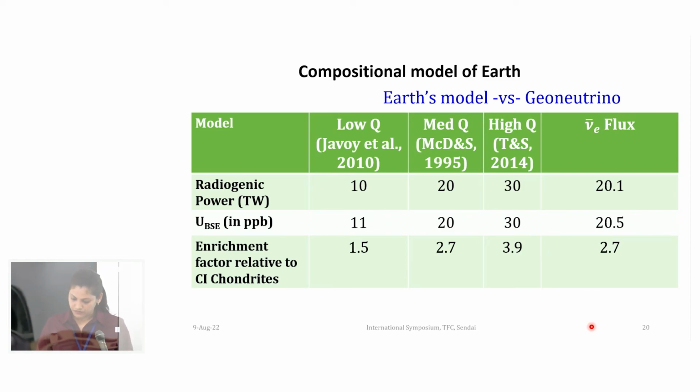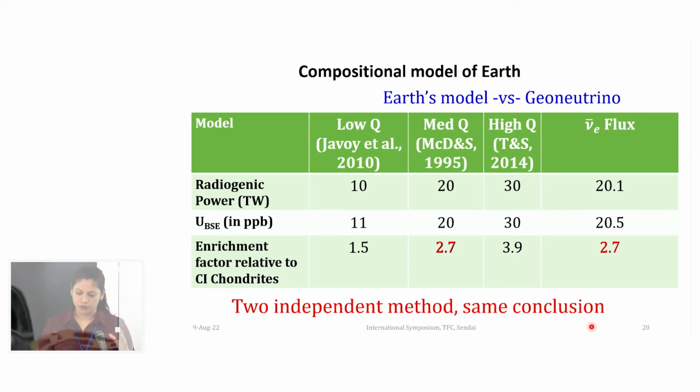What we can observe here is that from two different perspectives we have a common observation: both from the medium Q model and the geoneutrinos, we see 2.7 times enrichment in the bulk silicate Earth composition. That's a remarkable observation, and you can say we are now approaching a better model for Earth.